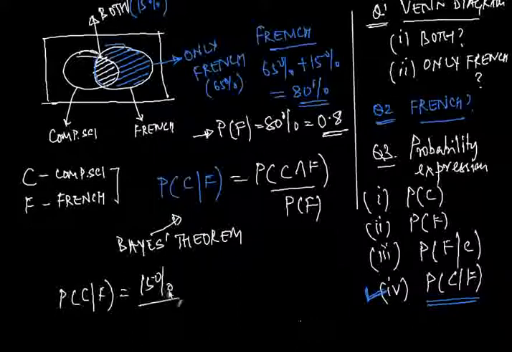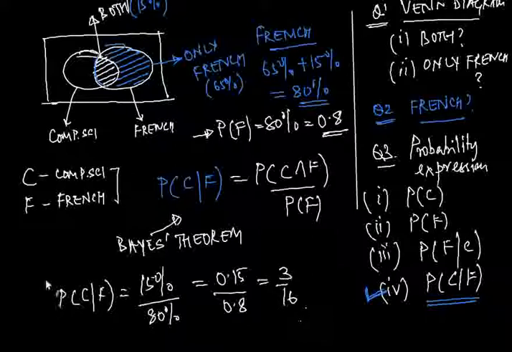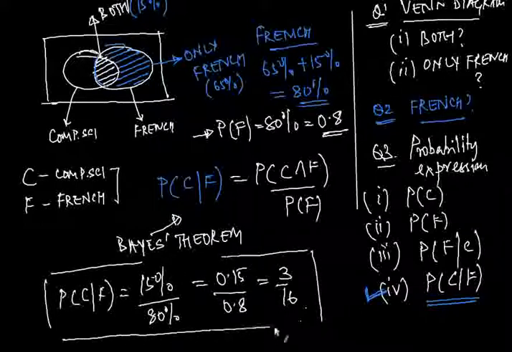That includes students who study just French, and students who study both. Now we can write this as 0.15 divided by 0.8, and if you simplify, this turns out to be 3 by 16. So the answer to our question, what's the probability that a student studying French also studies computer science, is 3 by 16. That was the question, and that's how it's done.